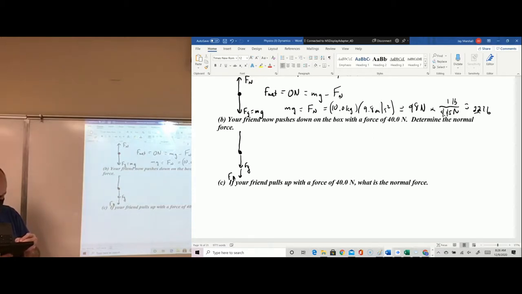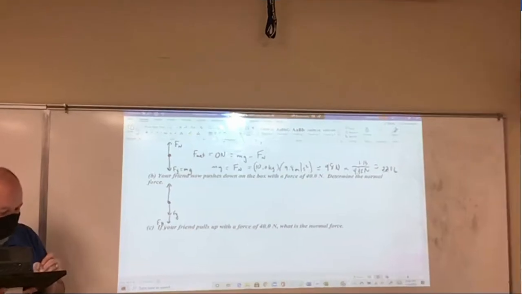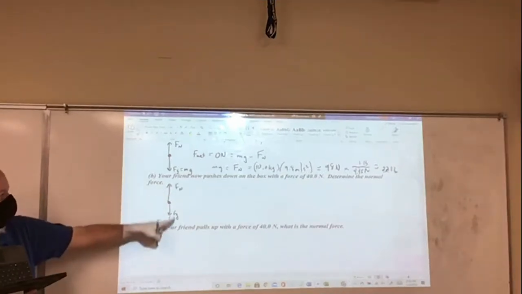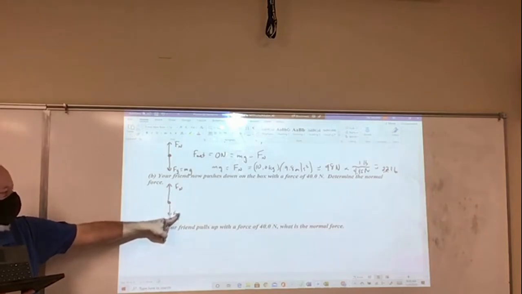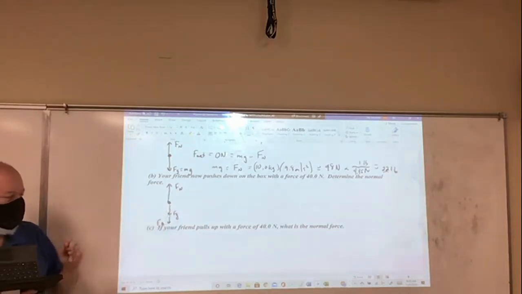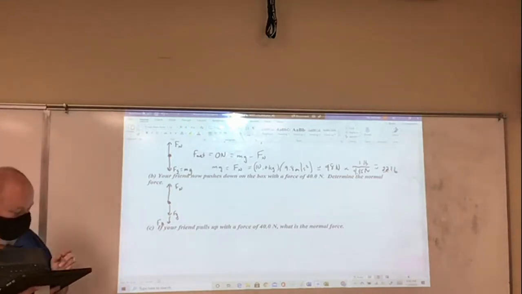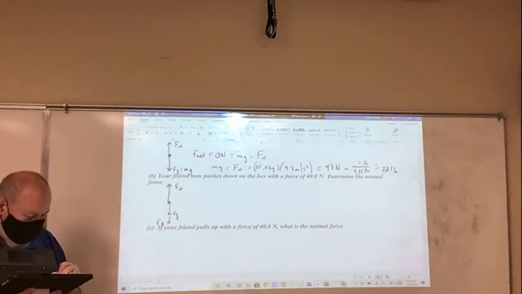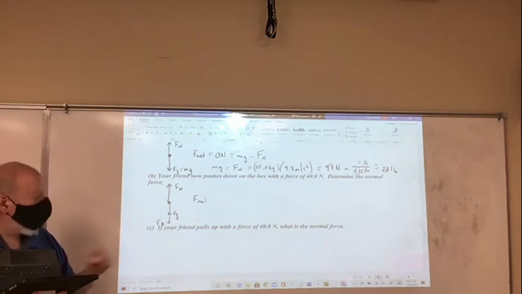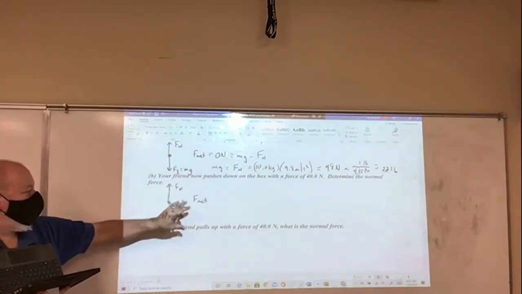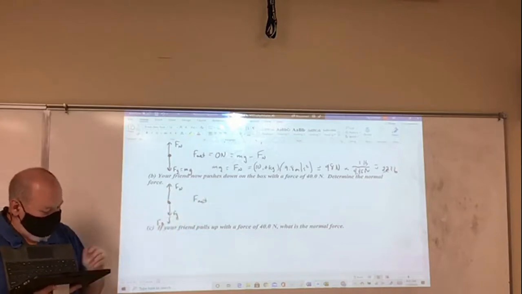But is the box accelerating? No. So I still have to have a balancing normal force, but recognize it's now balancing both the force due to gravity plus the applied force, isn't it? And I always follow the same pattern of activity: free body diagram, net force equation.